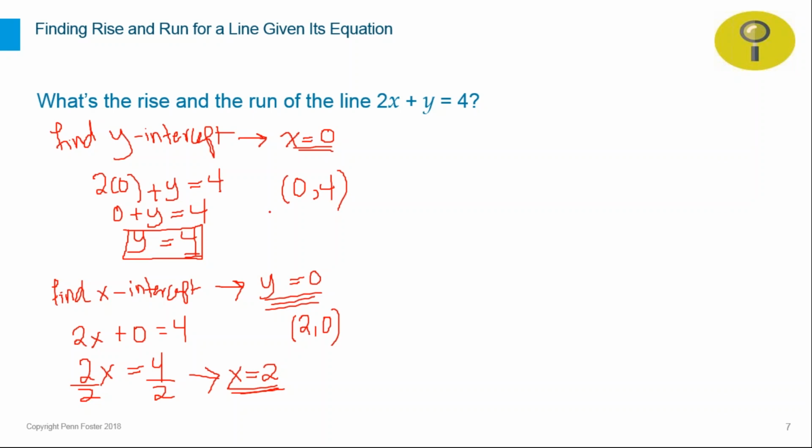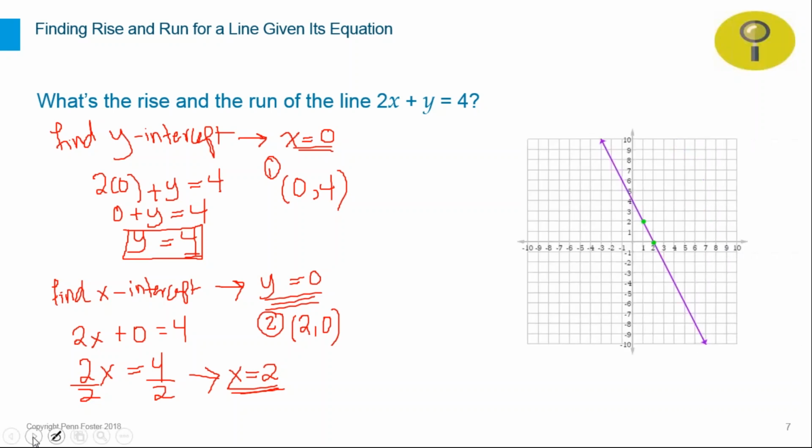We have 2 points, point 1 and point 2. We can either graph the line like this, using the points. We can plot the 2 points here and there and connect the line, and then go up and then to the left to find the rise and the run, or you can have the formula help you with that.